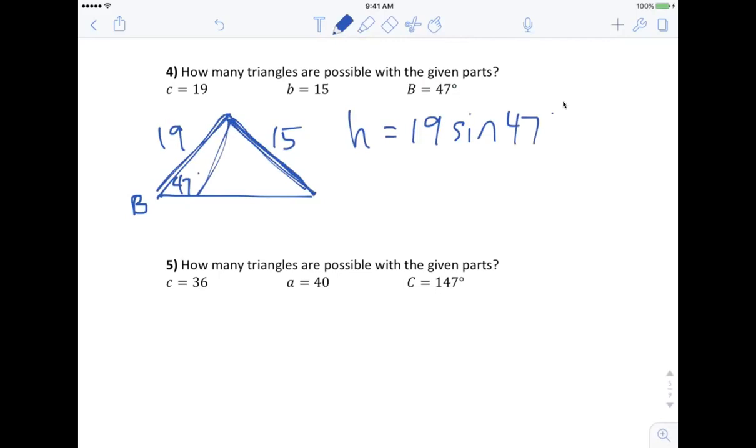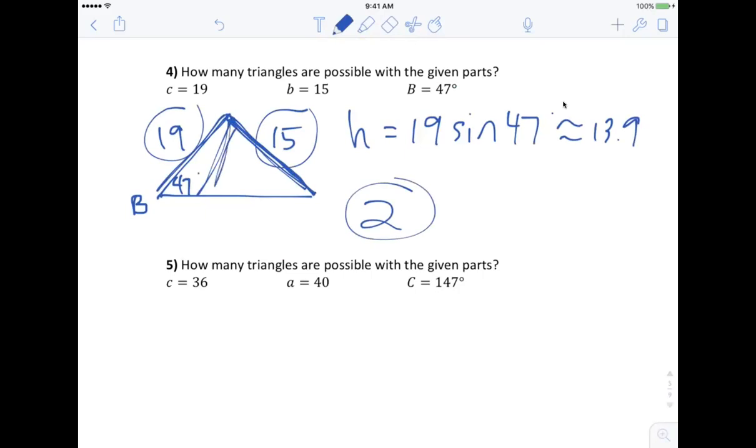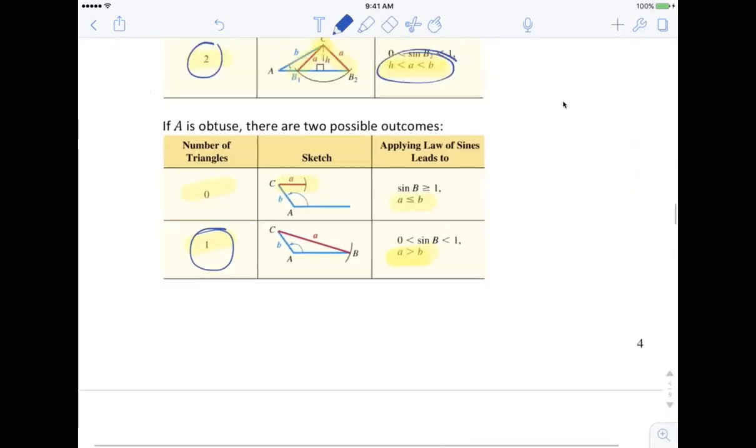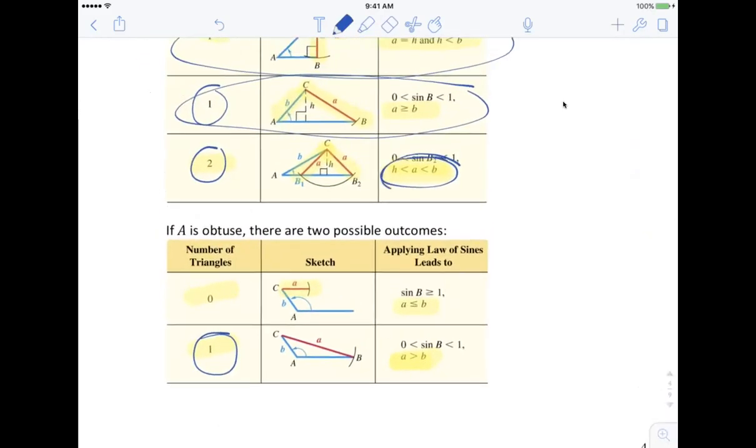Regardless of what they're called, it's always the side right next to the angle times the sine of the angle. And that height is about 13.9. So this is bigger than 13.9 and it's less than the 19. That's 2 triangles. That's the kind where you could swing it in 2 directions, or it's this one right here.